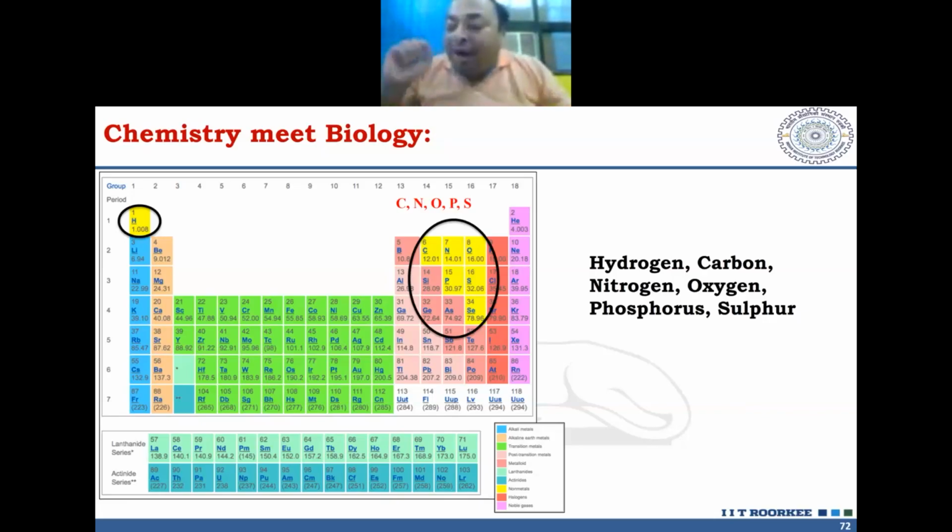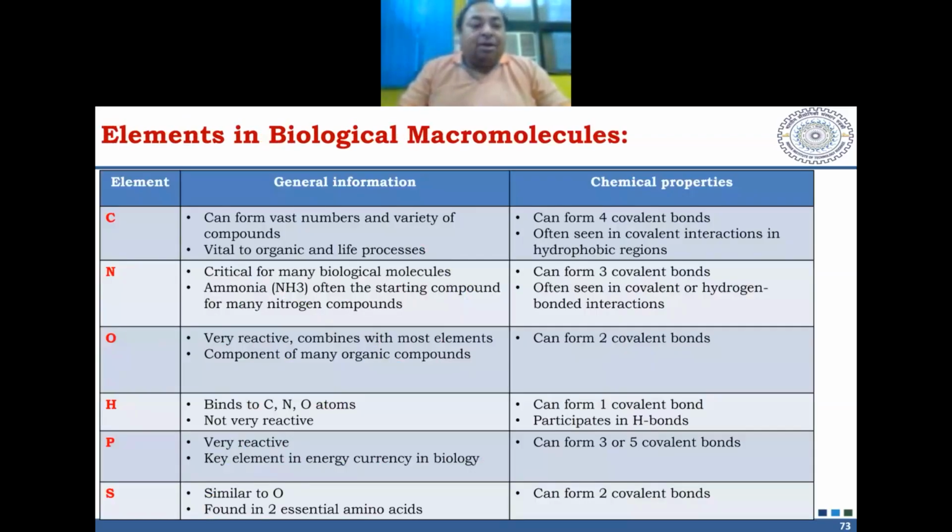So only these six elements in the periodic table, you know about them, and you know about biology. That's a very interesting part, right? So let's talk about them.